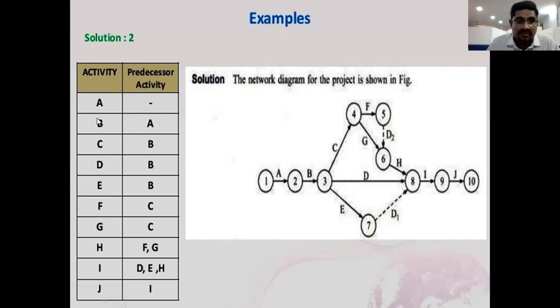Please note down this problem and try to draw the network diagram yourself, right? This is a network diagram.